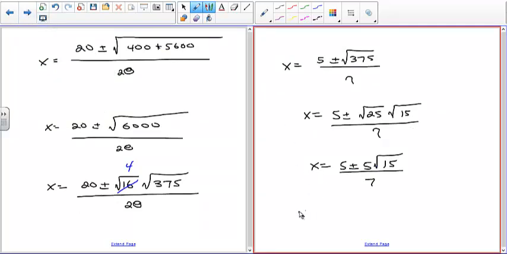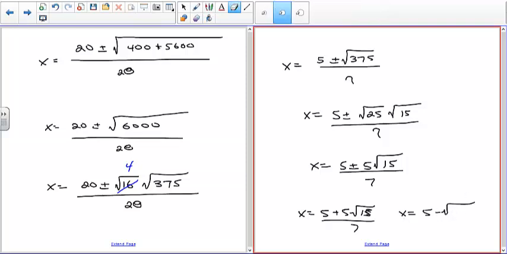So our two solutions are x equals 5 plus 5 times the square root of 15 over 7, and the other one is 5 minus 5 times the square root of 15 over 7.